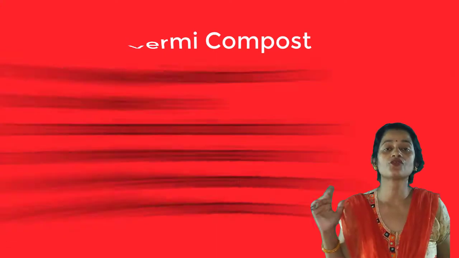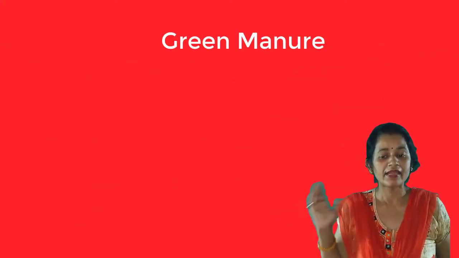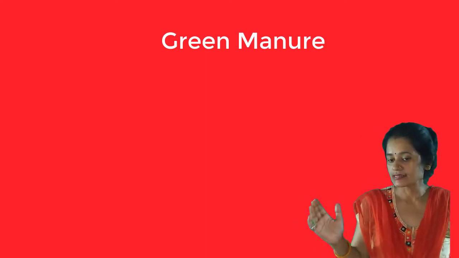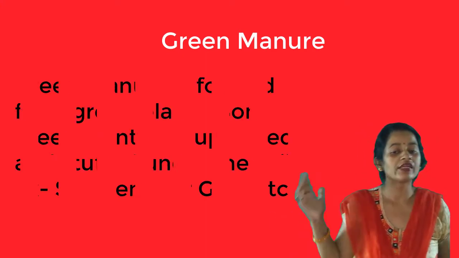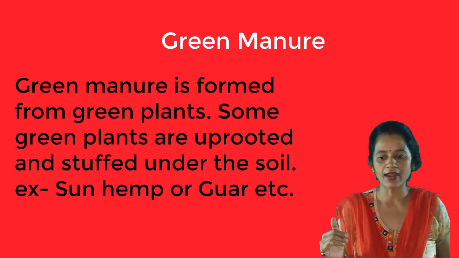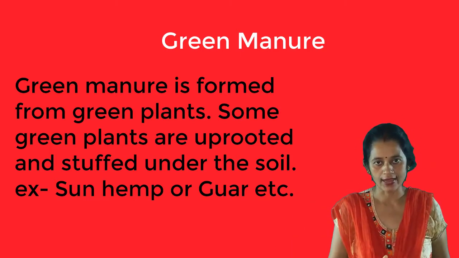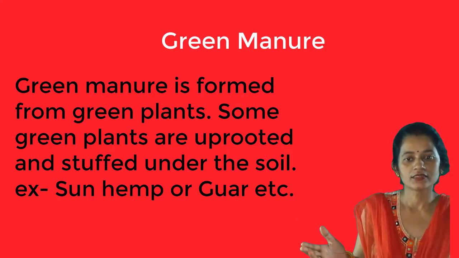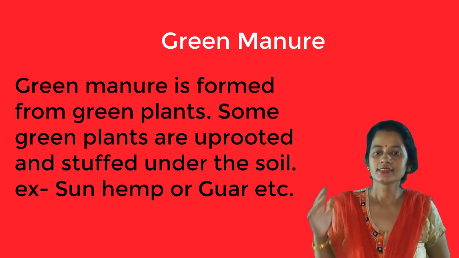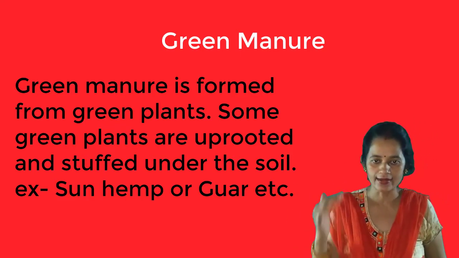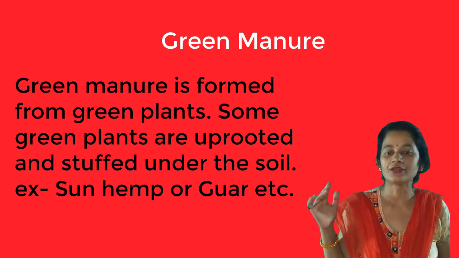Now next is green manure. The name itself tells a lot about it. Green manure is formed from green plants. Some green plants are grown and turned under the soil. Prior to the sowing of the crop seeds, some plants like sunn hemp or guar, etc. are grown and then mulched by ploughing them into the soil.